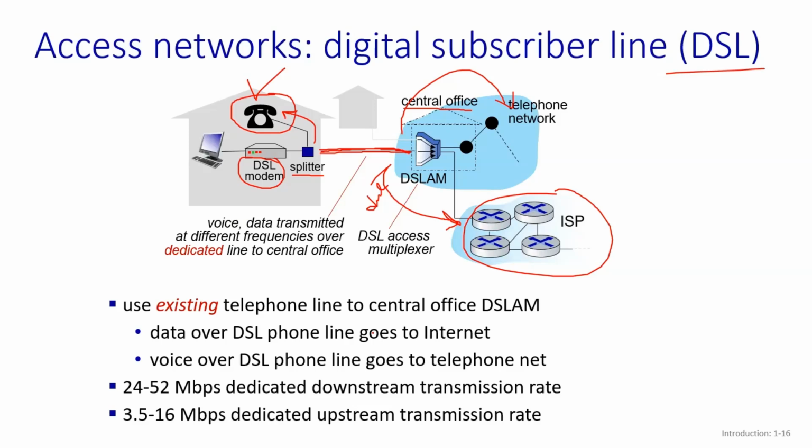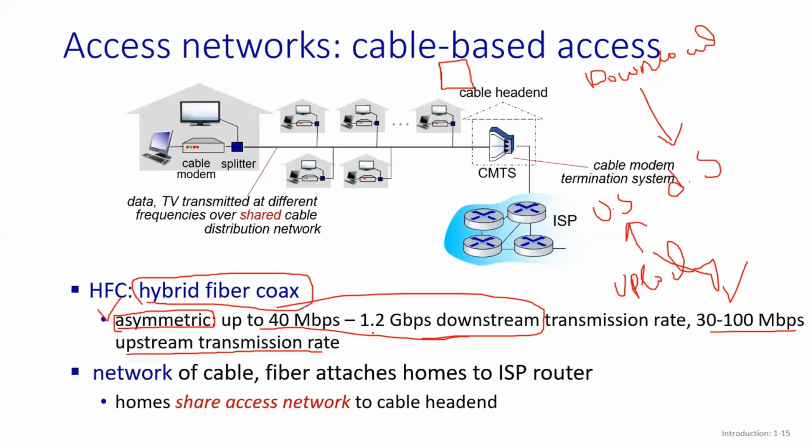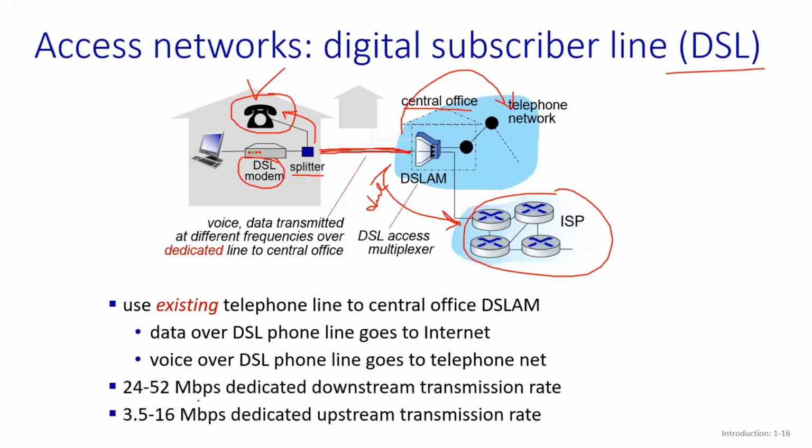So you can say that the downstream in the case of DSL is slightly lower than in cable-based access. We also have 3.5 to 16 MB per second dedicated upstream transmission rate. Again, the downstream is slightly higher than the upstream.